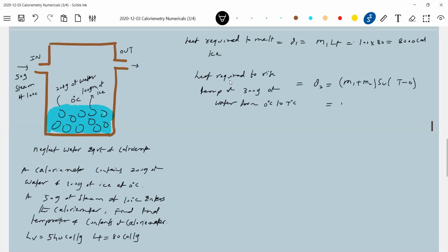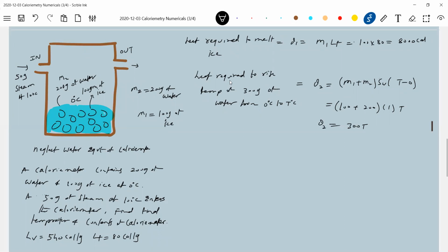What is M1? 100. What is M2? M2 is 200 grams of water. These are the symbols. So 300 T. What shall I do now? How to get that temperature T?